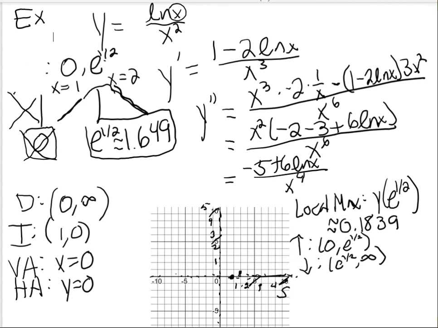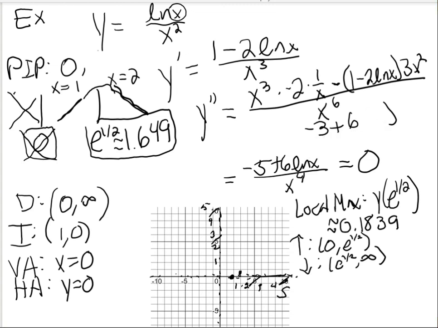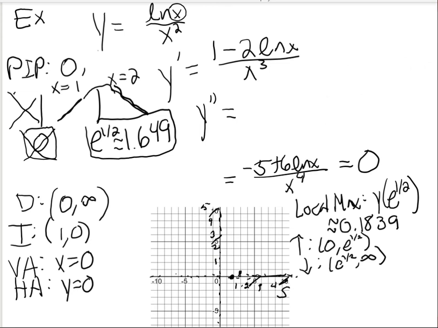So for possible inflection points, you get 0, and you set that equal to 0 with some algebra that we can do.